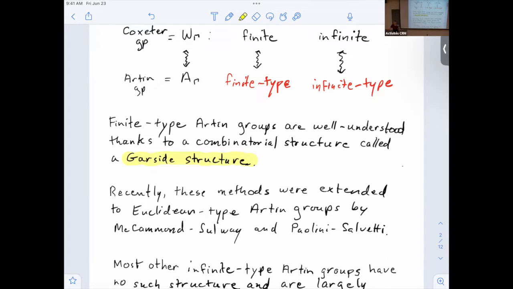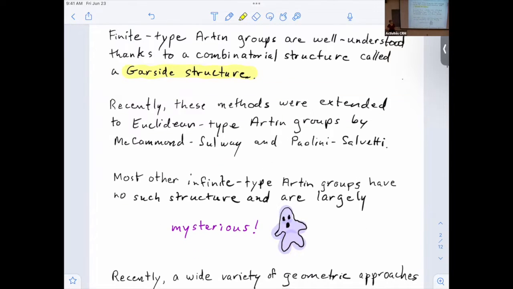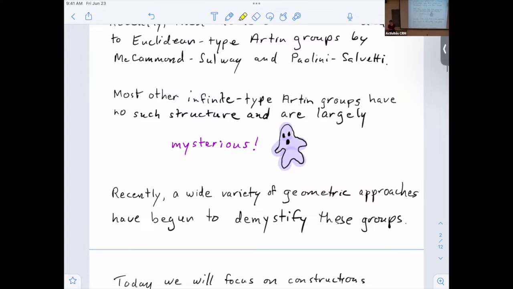So there have been some small generalizations, but for most infinite type Artin groups, we do not have anything like a Garside structure. We don't have solutions to the word problem. We have very little to work with to understand these groups. So most infinite type groups have no such structure and are largely mysterious.